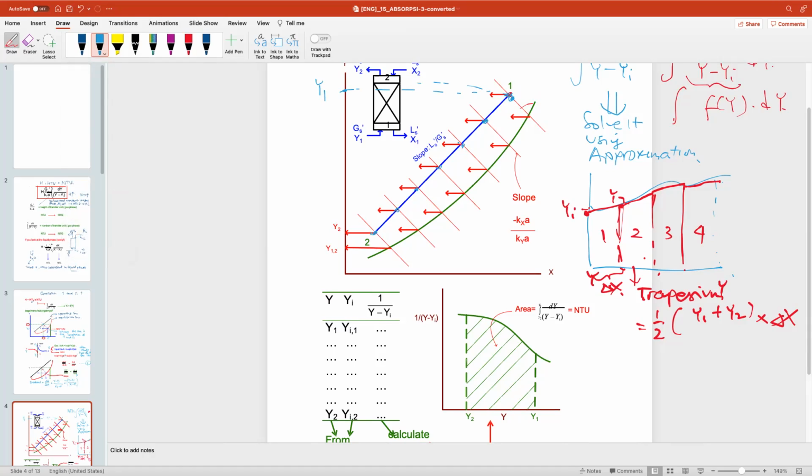So I need to divide these numbers into similar parts. Usually you find y1 minus y2 and divide by the number of segments. Sorry, the segments are 1 2 3 4 5 6, so divide by 6, and then you will have your delta y.